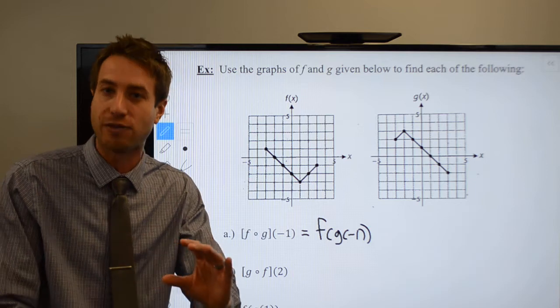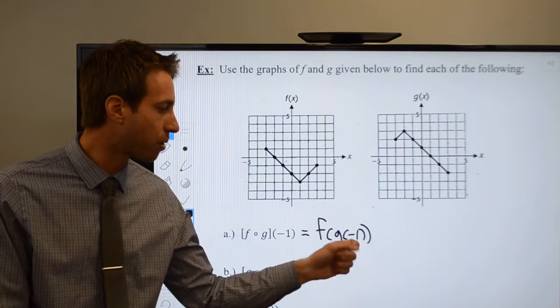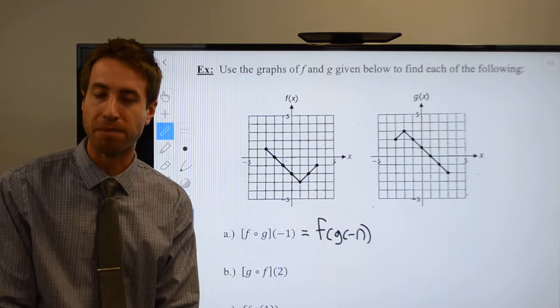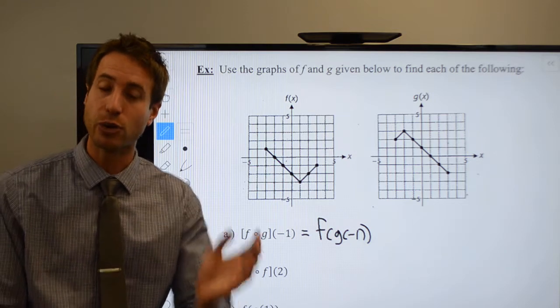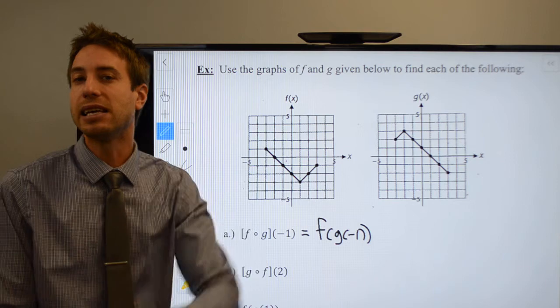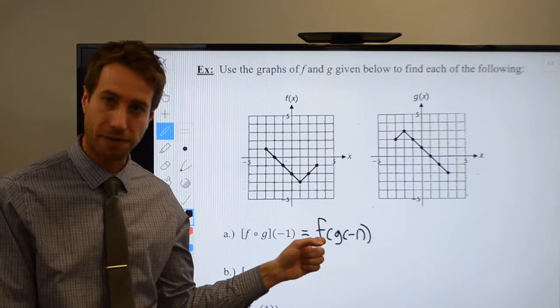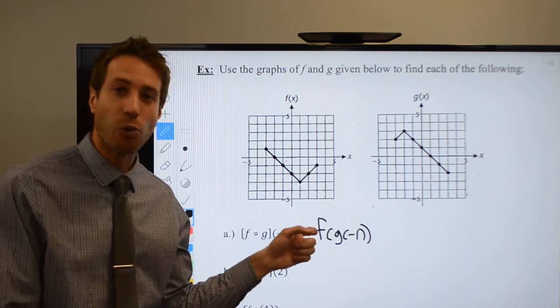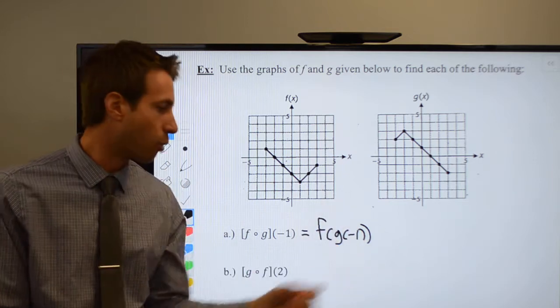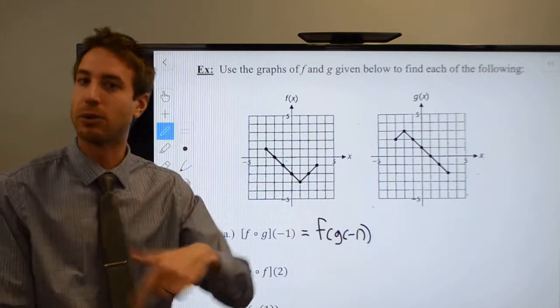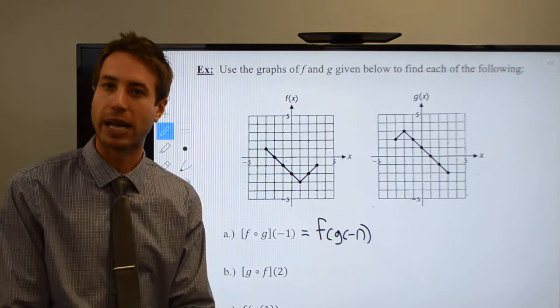What's the range value that I get when I plug in a domain value of -1? But I'm not going to stop there. I'm then going to take that range value and plug that into the function f. Figure out what f gives me back when I plug in whatever this comes out to be. When I plug that into f, what do I get back out?